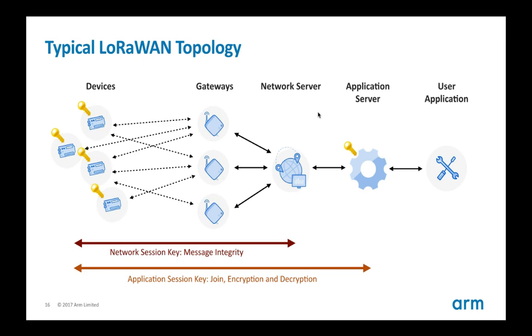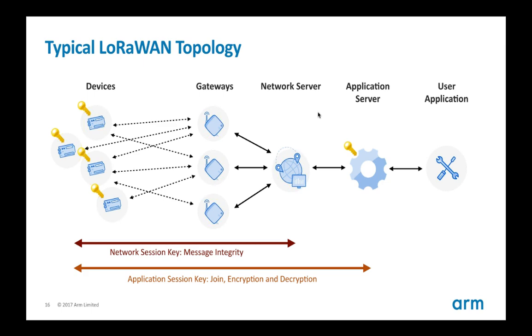They just receive data on the frequencies that they are listening on, and they forward the data packets to the network server that the gateways are connected to, and the other way around. For transmission, the network server selects the gateway for downlink. And this works really well, because in order to add capacity to a LoRaWAN network, the only thing you need to do is place another gateway, and there's no need to configure anything on the end device.